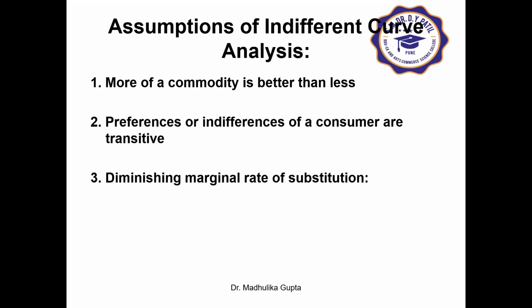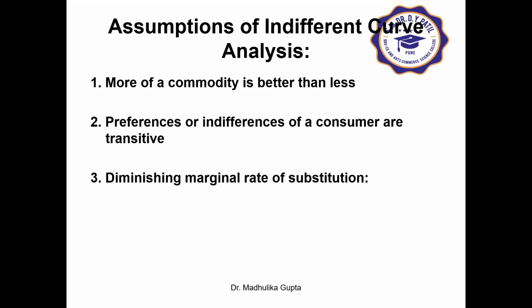Now, what are those? The first one is that more of a commodity is better than less. That is, it is assumed that a consumer will always prefer a larger amount of a good to a smaller amount of that good, provided that the other good at his disposal remains unchanged. This very reasonable assumption implies that the consumer is not oversupplied with any good, right?